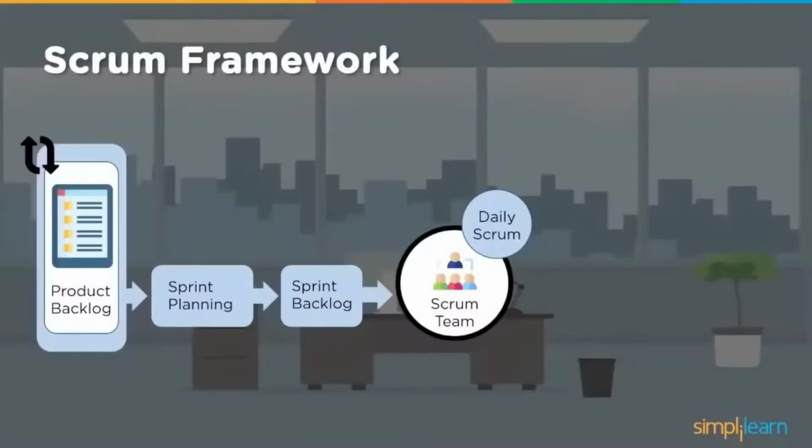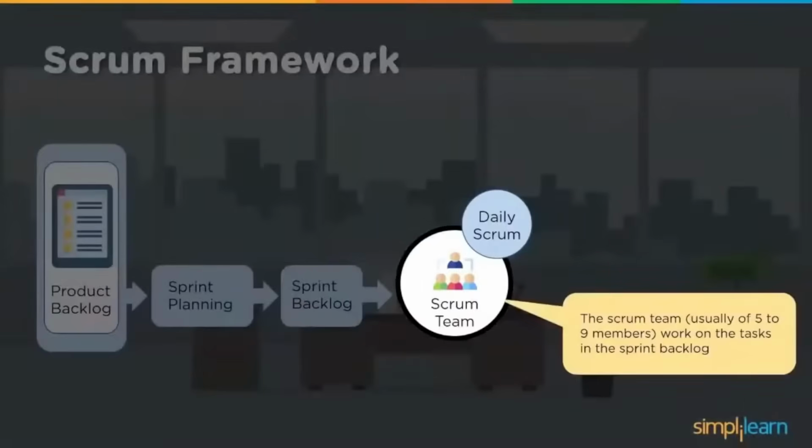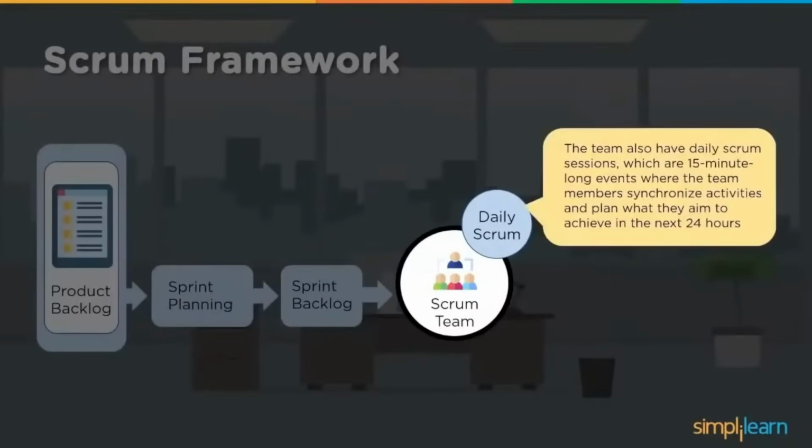Now the Scrum team, which is a self-organizing team, as we mentioned, maybe 5 to 9 members, works on the tasks in the sprint backlog, and they will also have daily scrums where the team discusses for 15 minutes. The team members synchronize activities and plan what they aim to achieve in the next 24 hours, and what is accomplished against what was discussed in the previous daily scrum.